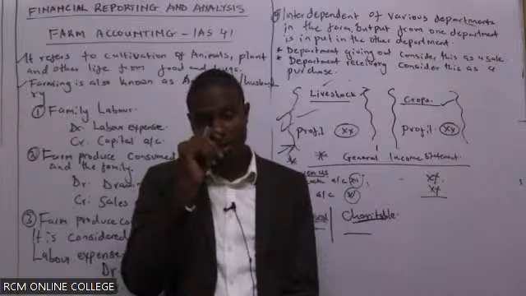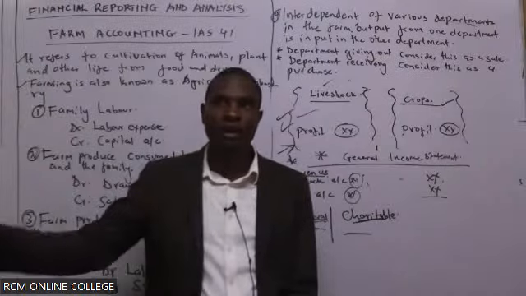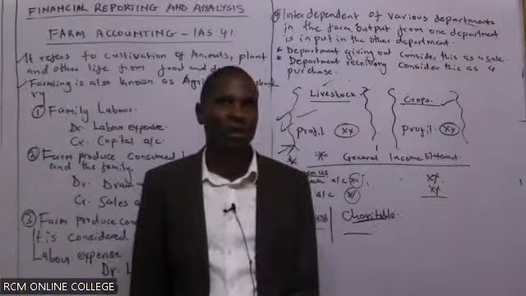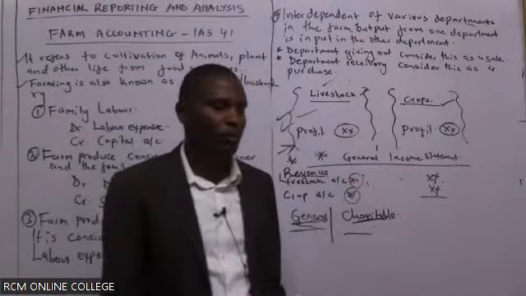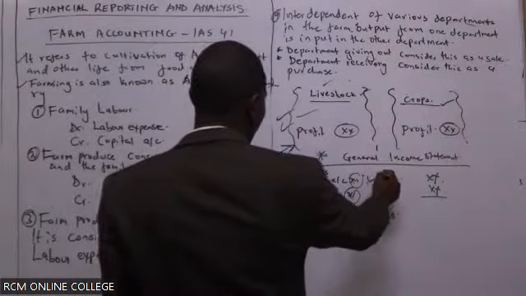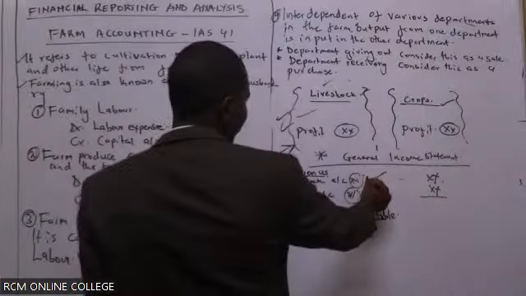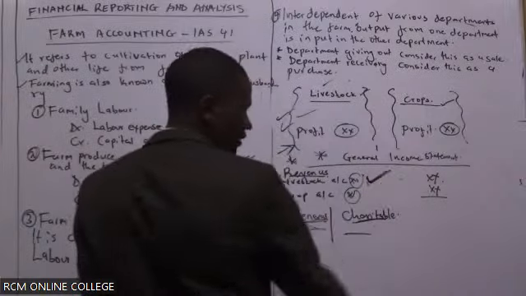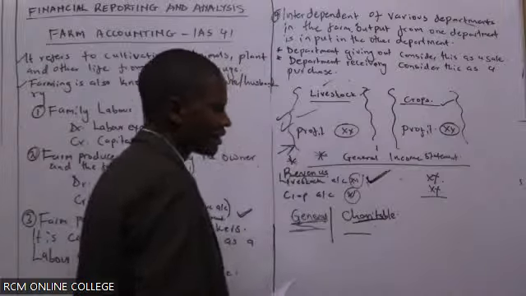When we talk about the income statement, that is the general income statement. The sale we are talking about will go to the specific account. If it is milk, it will go to livestock as a sale. We have donated milk, yes, it is treated as a sale.